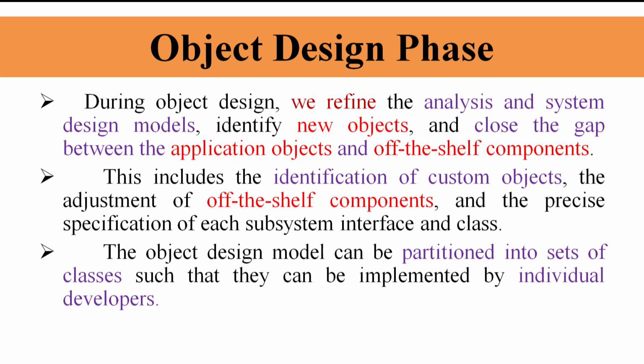So the basic purpose of object design, while we are analyzing, designing and developing the system, is to find out how we will develop new components or new objects, gradually implement those objects, and how we can use components which already exist and sync these two different developments. One is already developed as an independent component, the off-the-shelf component, and the second we are developing as a domain expert for our application.